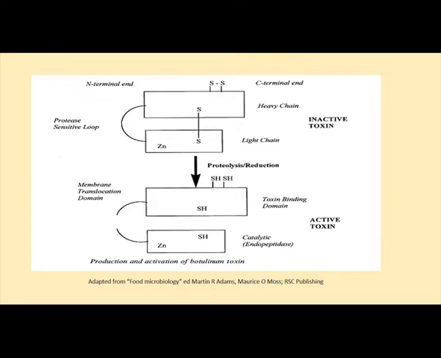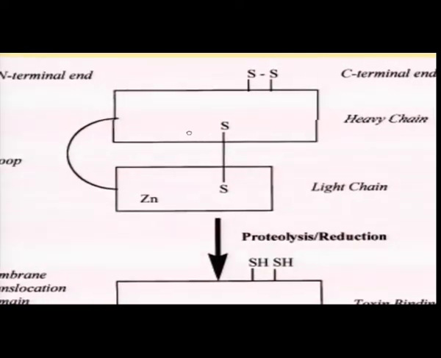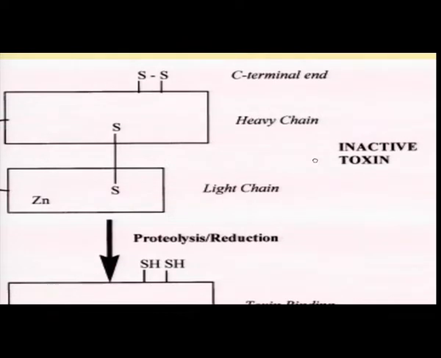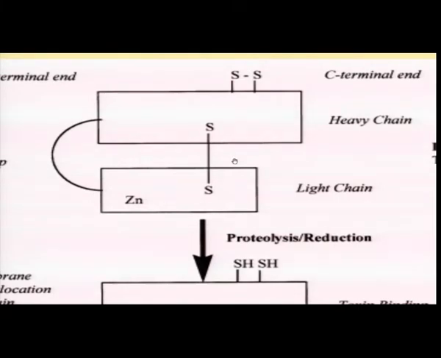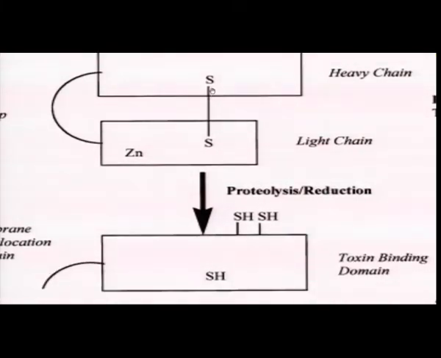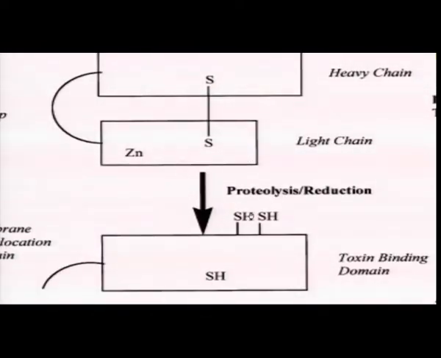Now you have the endopeptidase which is present. This is the picture of how the heavy chain and the light chain get joined up. This is the inactive toxin. This is the C-terminal end of the protein. This is the heavy chain. This is the light chain. You have the disulfide linkages here. On proteolysis or on reduction, the two S's here became SH groups.